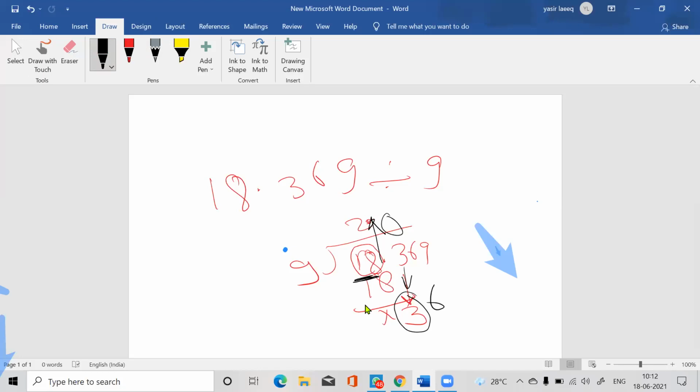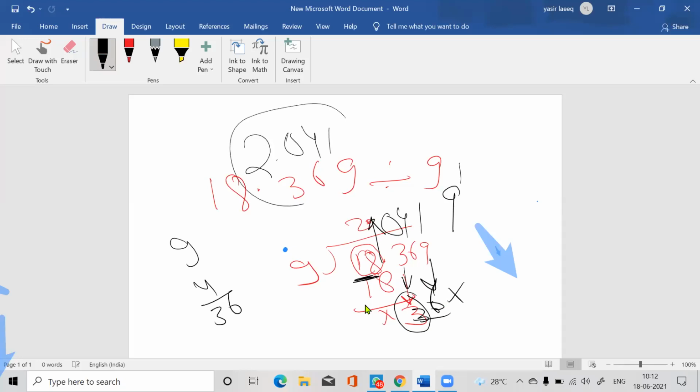Now we know that 9 times 4 is 36. So this 36 is cancelled out. Again, we take 9 downward, and 9 times 1 is 9. So it will be 2.041.